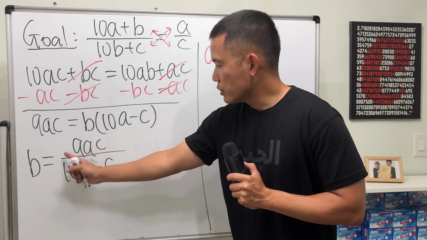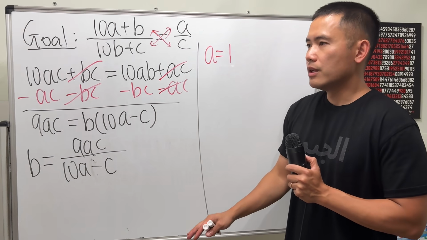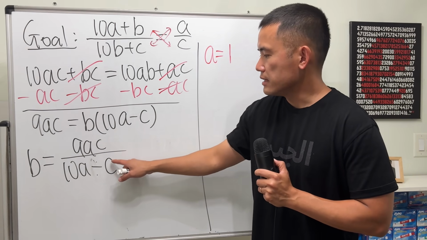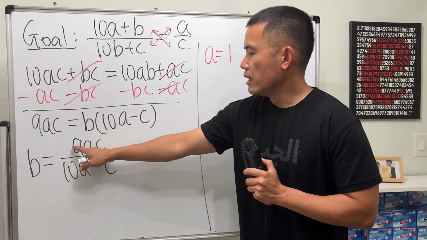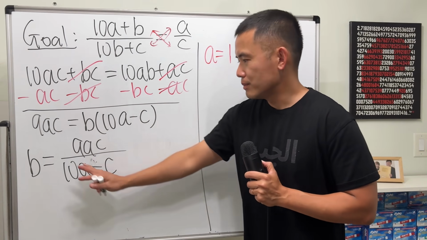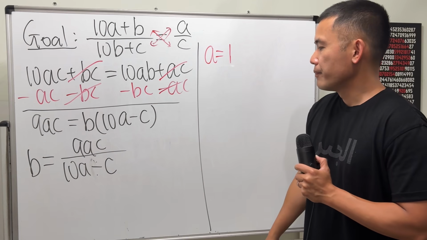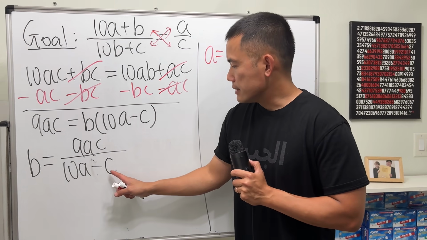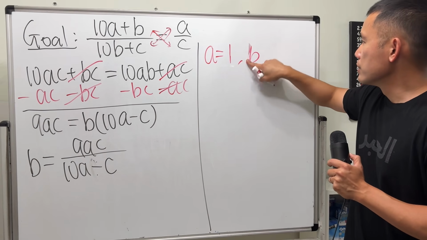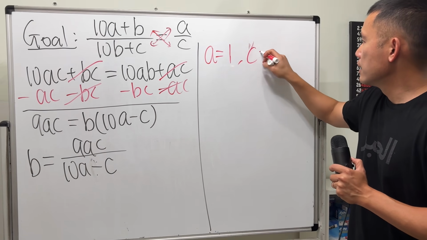One easy way to make sure that this turns out to be a single digit or a whole number is to make C equals 9. But if C is 9, the top will be 9 times 1 times 9, which is 81 over 10. That's 8.1. So I don't want that. However, if I pick C equal 5, it works wonders.